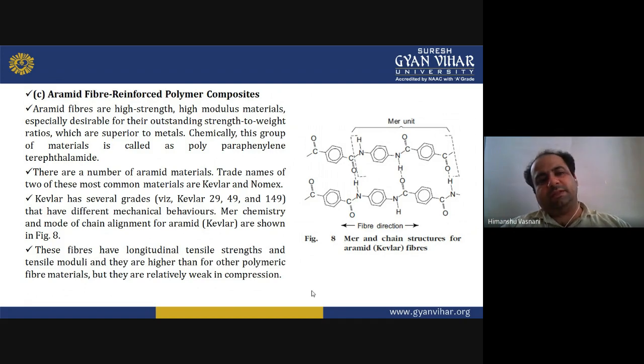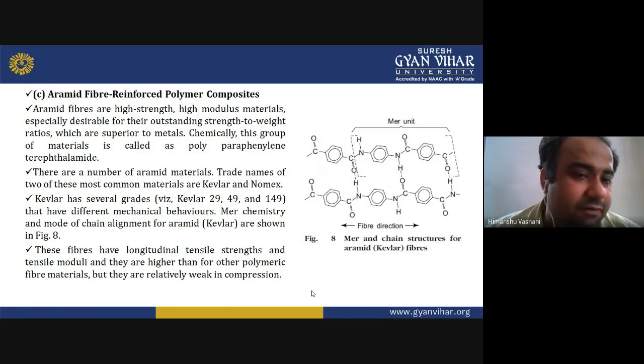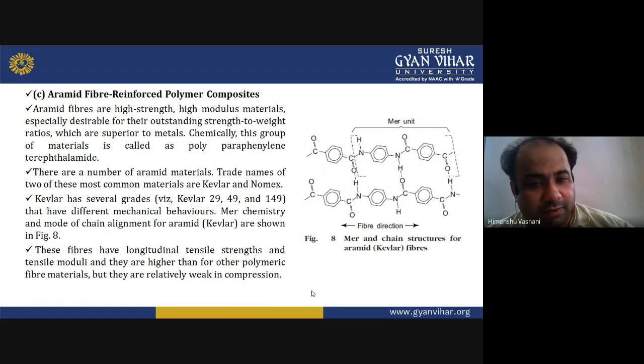Chemically, this group of materials is called poly-paraphenylene terephthalamide. There are a number of aramid materials. Two of the common ones are Kevlar and Nomex. Kevlar has several grades like Kevlar 29, 49 or 149 that have different mechanical behaviors.